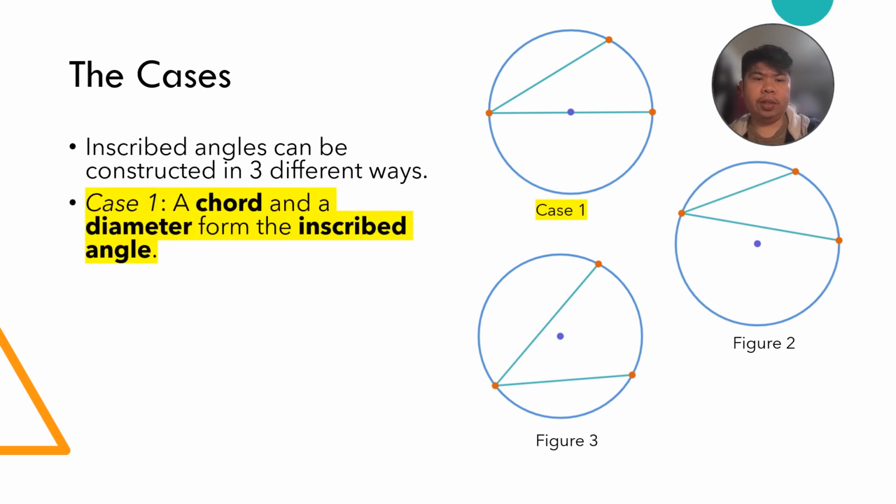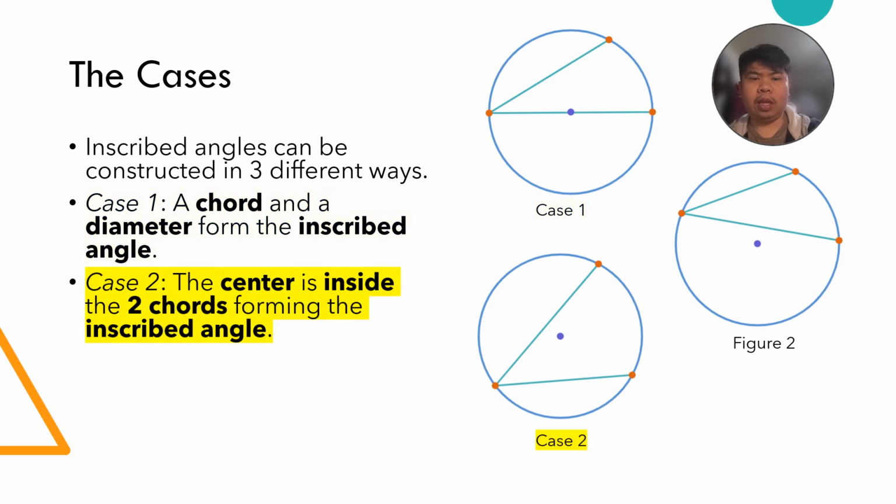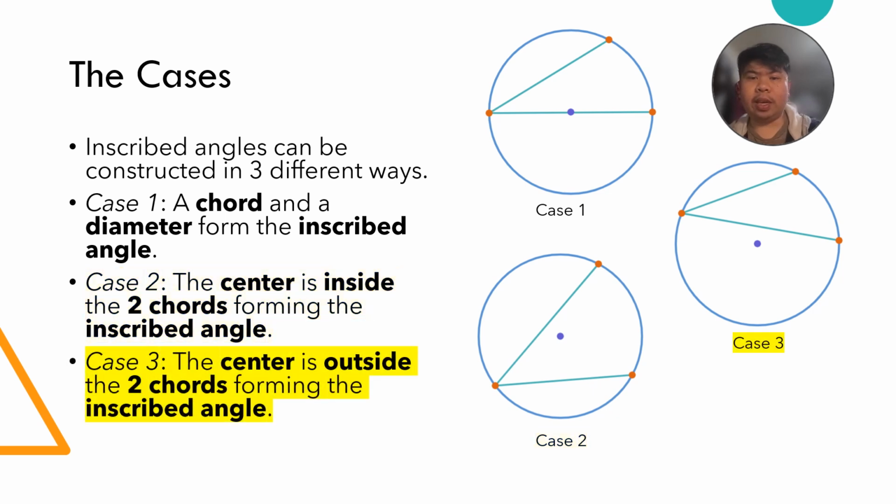In case 1, we can draw an inscribed angle using a chord and a diameter. In case 2, we can inscribe the angle using 2 chords with the center inside the 2 chords. And in case 3, we also have the same 2 chords, but this time the center is outside.